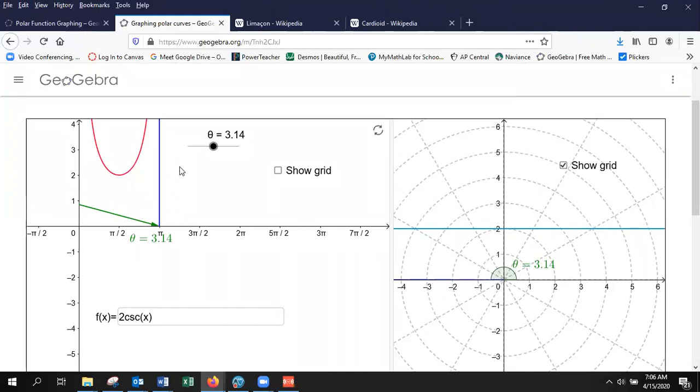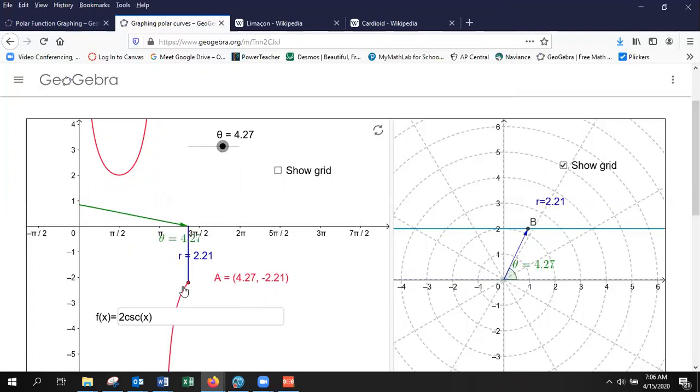So next question is, as we go from 0 to pi, that's how this horizontal line was created. What happens when we go down into quadrant 3 and quadrant 4? With quadrant 3 and quadrant 4, shouldn't we have a line that's horizontal down here as well? Well, if you notice from the graph of cosecant, remember that from chapter 6, the radius ends up being a negative value.